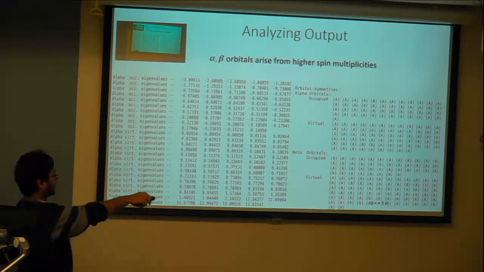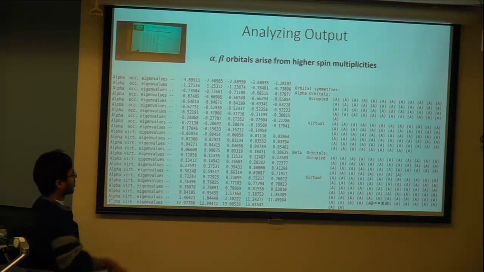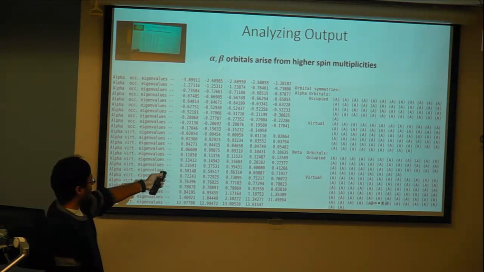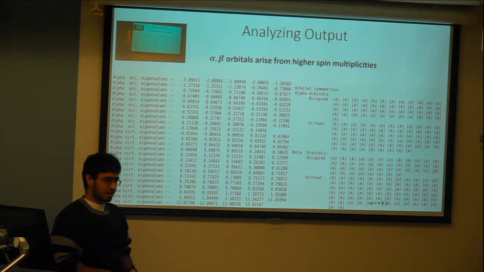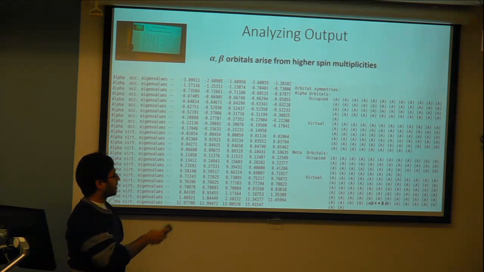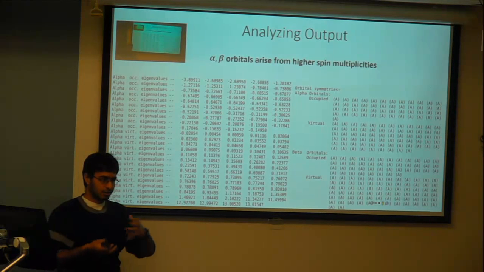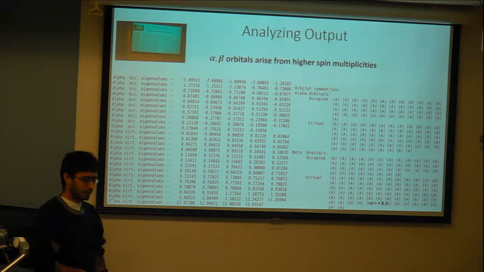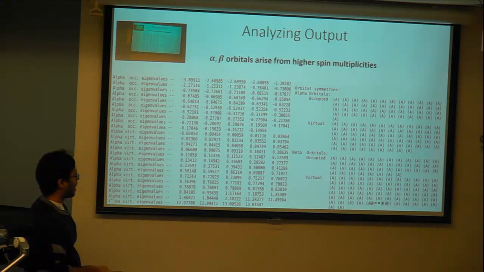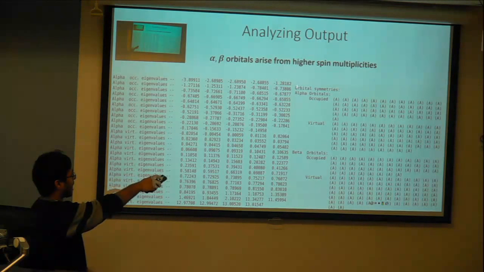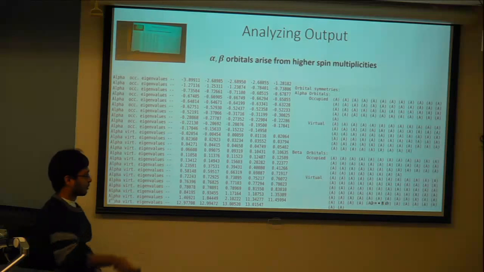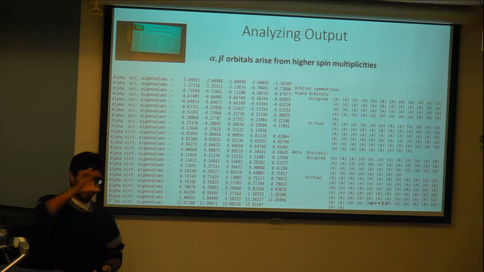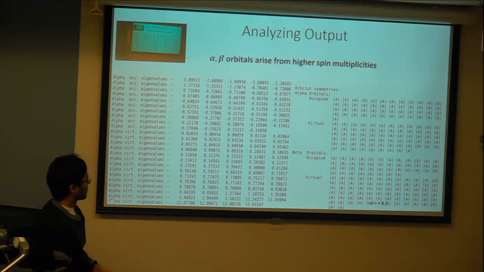So finally, we talk a little bit about alpha and beta orbitals in the lecture, and if you change the spin multiplicity, then you can actually end up with 2 different sets of orbitals. So if you just have multiplicity 1, or the singlet state, you're not going to end up with both alpha orbitals and beta orbitals, but rather you'll just end up with one set of orbitals where you have occupied states and unoccupied states.